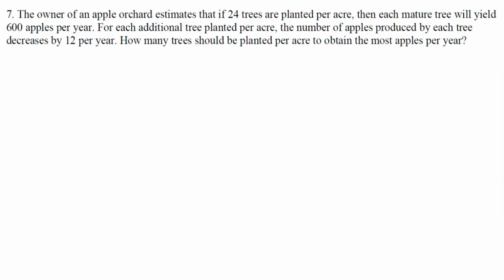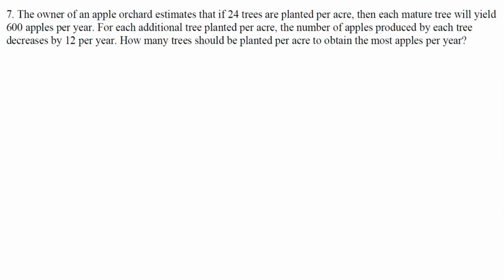All right, here's another one like the shoe and the hotel problem. This one, we've got an apple orchard. We've got 24 trees being planted per acre, and the mature trees yield 600 apples. But if I plant more than 24, I get less than 600 apples per year by 12.